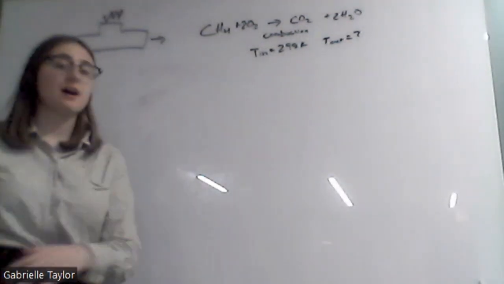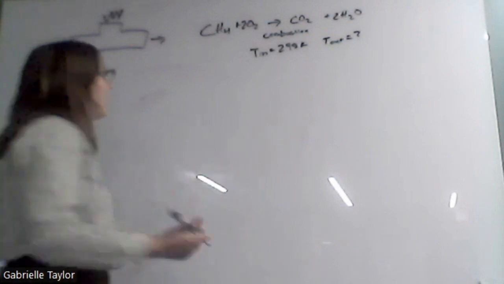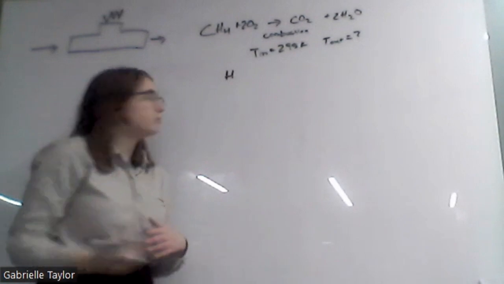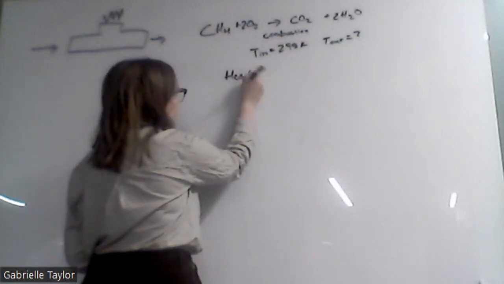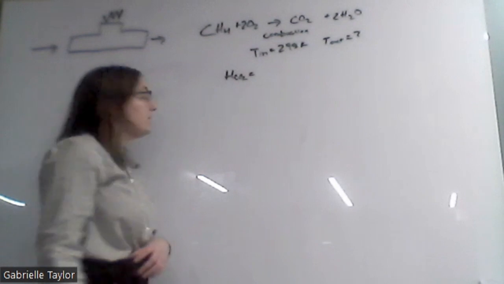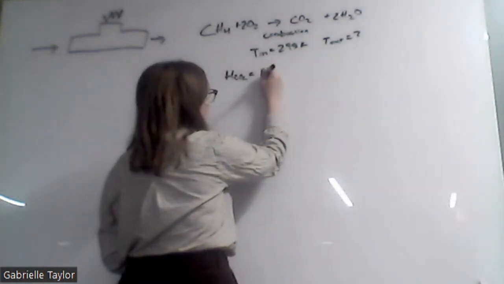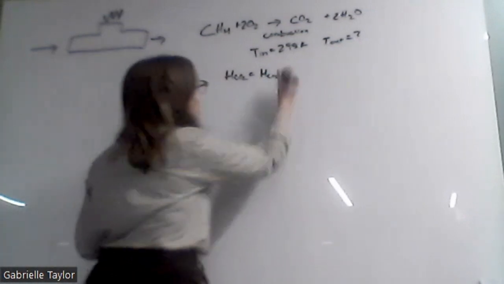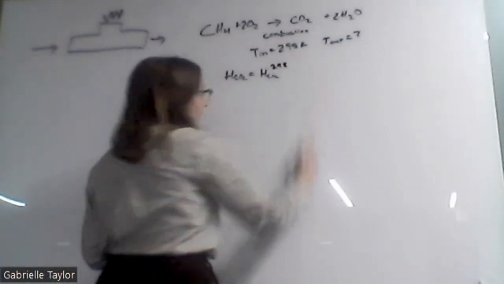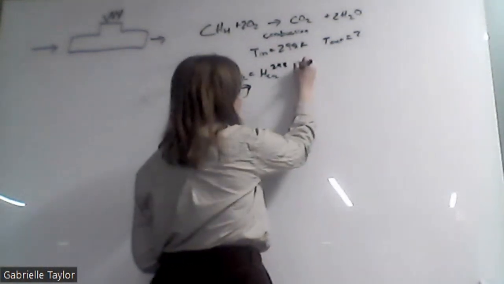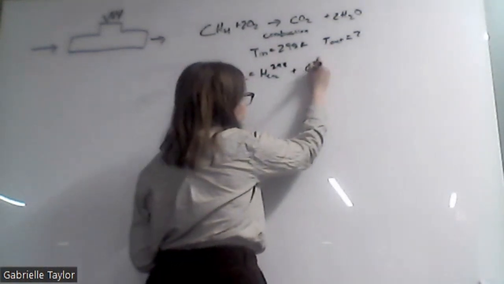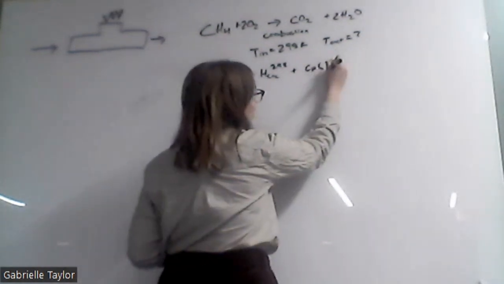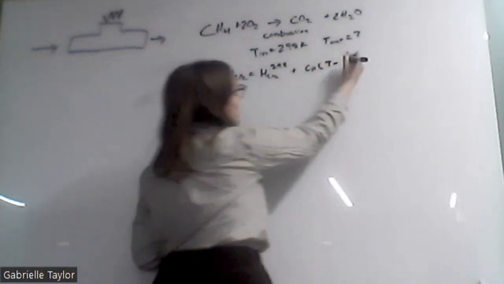So from this, let's derive our enthalpy equation. For our enthalpy, let's do enthalpy of CO2. CO2 is going to be equal to the heat of formation of CO2 at 298, plus our specific heat of CO2 times our temperature coming out, T for now, minus 298.